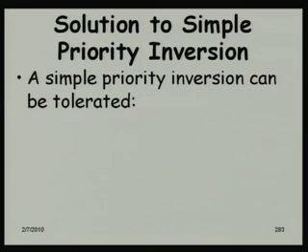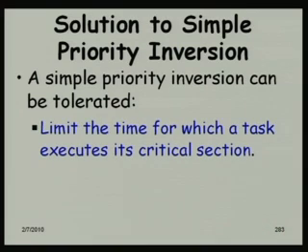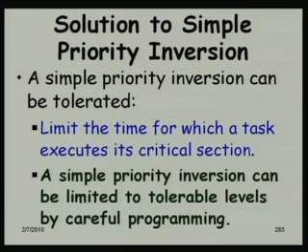Now, if simple priority inversions were to be handled, it is not very difficult. Somehow reduce the maximum duration for which a task will need a critical resource. How can you do that? You limit the time for which a task executes in the critical section, maybe by careful programming, or maybe by splitting its access to a critical resource across multiple instants, right.